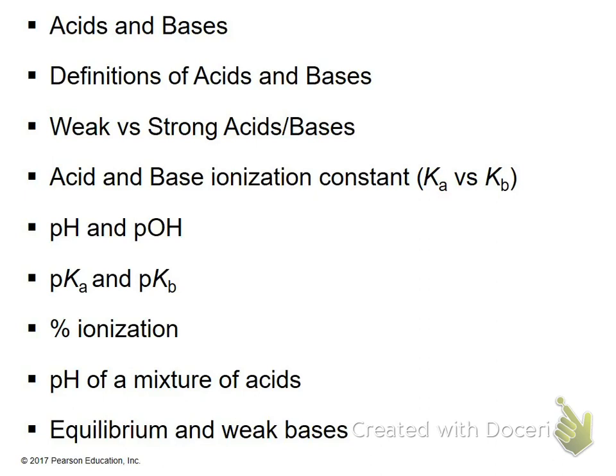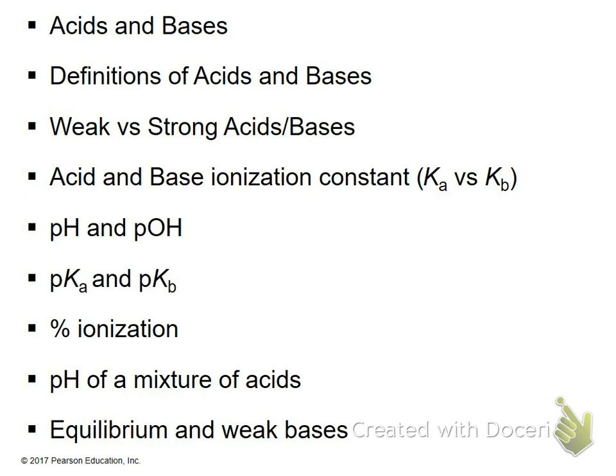Ionization constant is basically the same as an equilibrium constant, except it's in terms of an acid or a base. So Ka is the equilibrium constant of an acid, or ionization constant for an acid, and Kb is the base ionization constant or the equilibrium constant for a base.